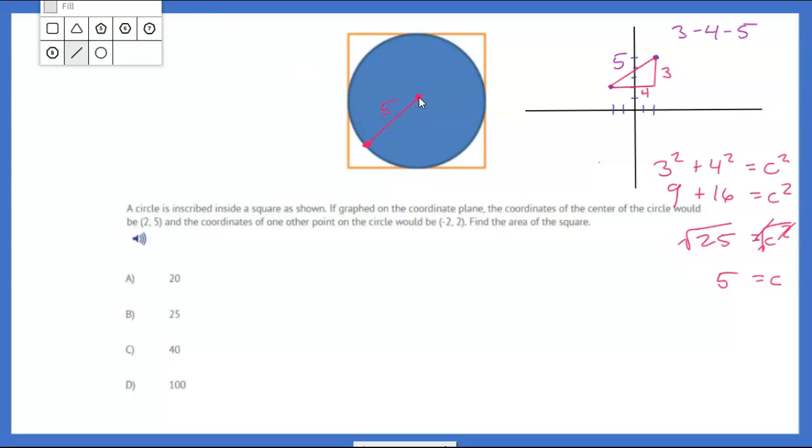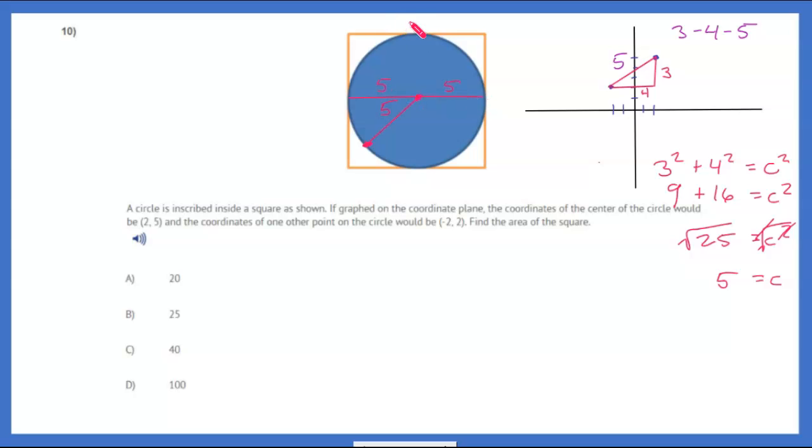But you might notice that if we draw this radius and we draw this radius, so essentially we've drawn a diameter, right? We drew a line all the way across through the center. Well, the radii of a circle all have to be the same. This is length 5, this is length 5. And we add those two together, we get the side of the square.